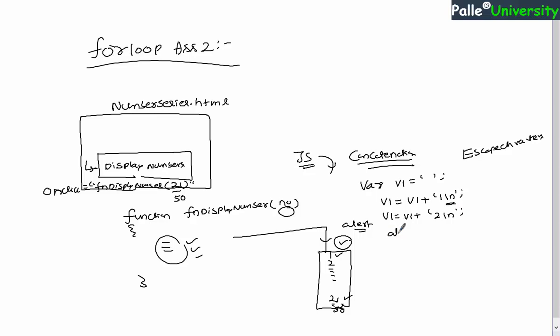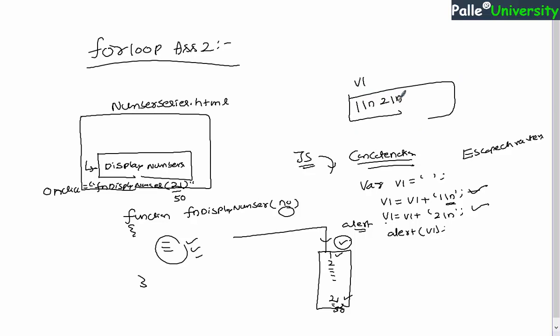Now after this let us say I have written alert of v1. Guess what will be displayed? First you tell me finally what will be there in v1 after performing all these concatenation operations. Very simple, v1 contains 1 slash n 2 slash n.